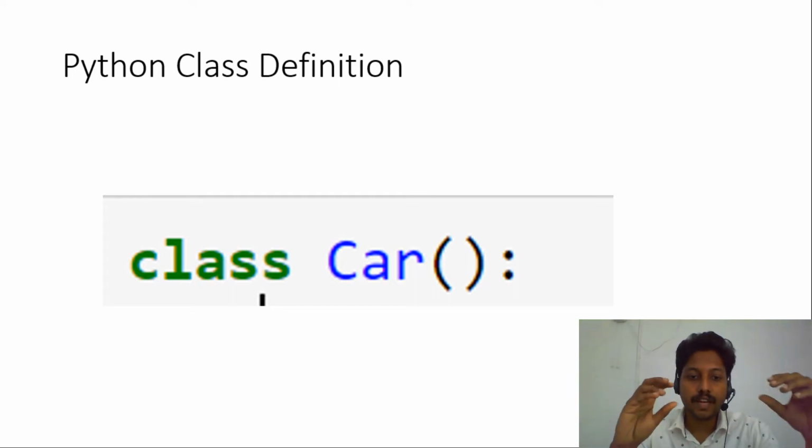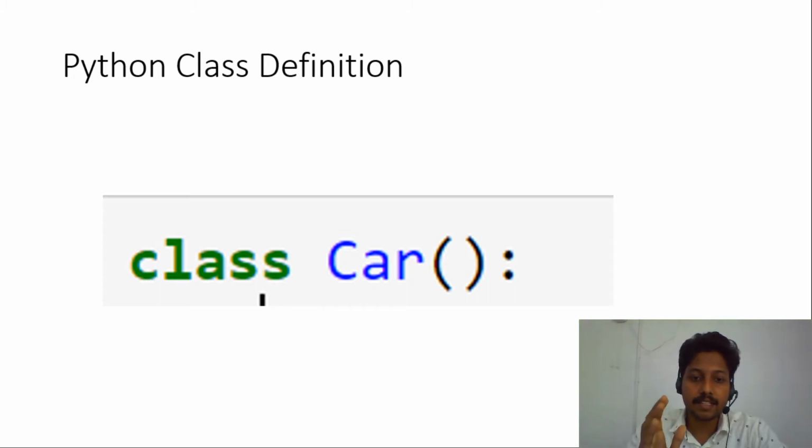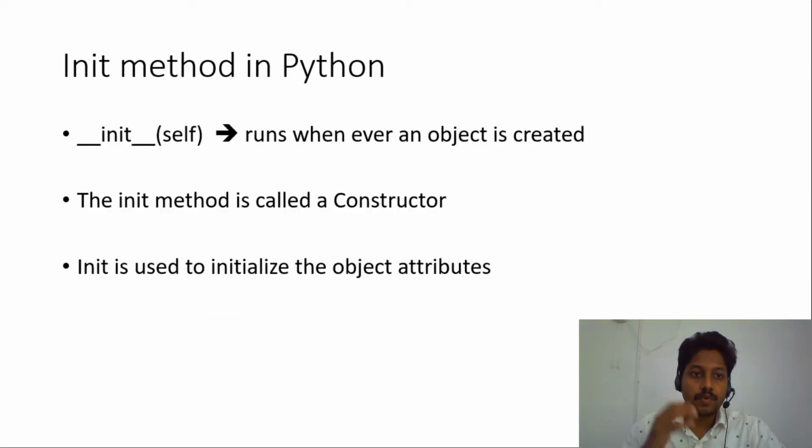First we write class, then we give the class name, then parentheses, then a colon. So you can also see the parallels between defining a class and a function, right? Instead of the class keyword we just use the def keyword. Let's move on to the next.